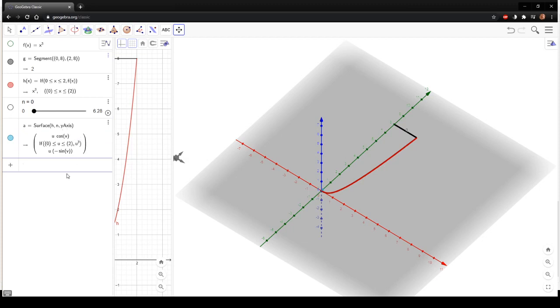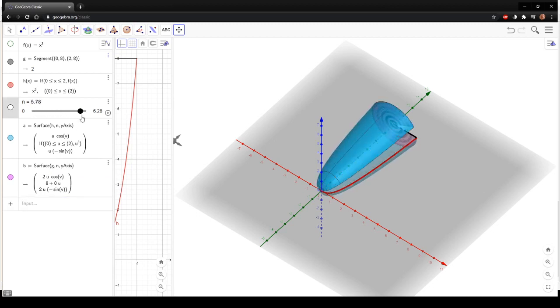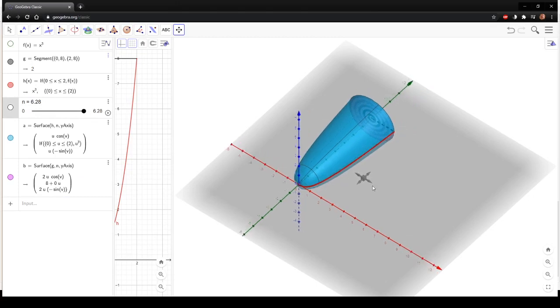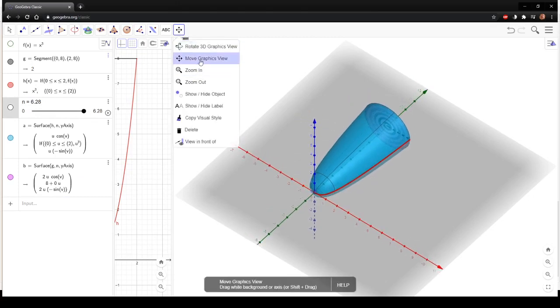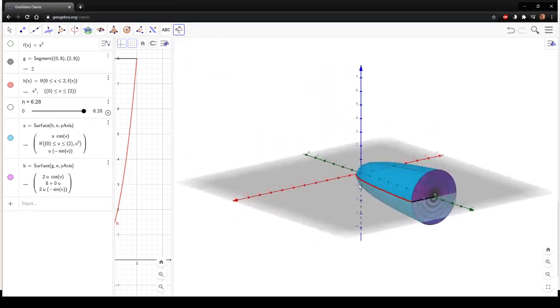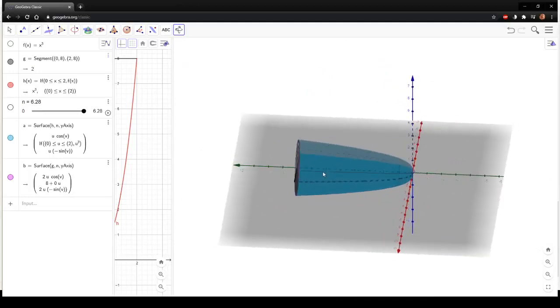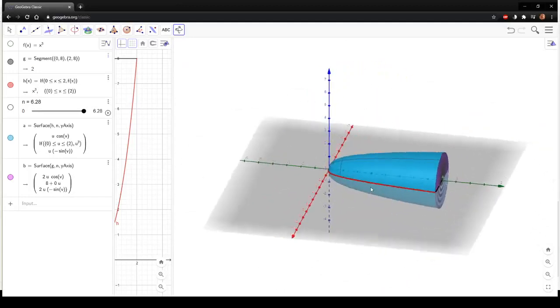Again, the A has to be capitalized there for GeoGebra to recognize it as the geometric object, the y-axis. Similarly, the line segment is called G. There we go. And voila. There is the shape that we are interested in. Sort of a bullet shape. Well, a bad bullet shape.